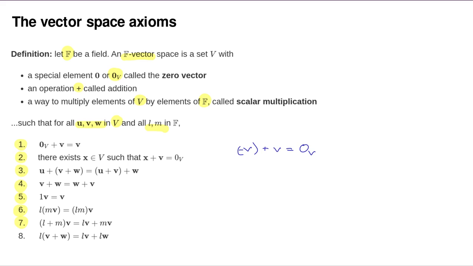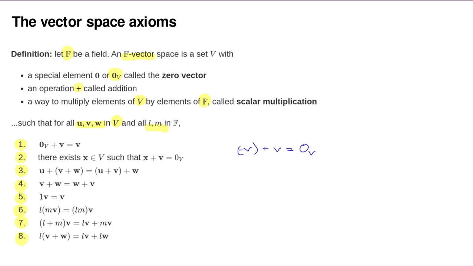Number 7 is a kind of distributivity property for scalar multiplication. So if you add L and M in the field F and then scalar multiply that into v, that's the same as doing vector addition between the scalar multiple L times v and the scalar multiple M times v. And finally, another distributivity property: if you scalar multiply L into a vector sum v plus w, that's the same as the scalar multiple L times v plus the scalar multiple L times w.